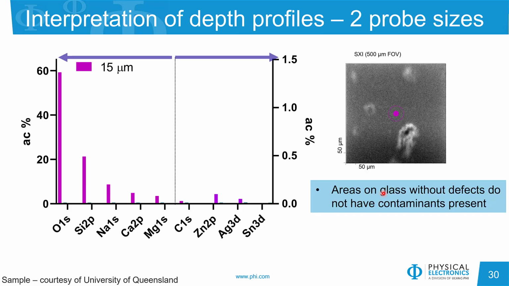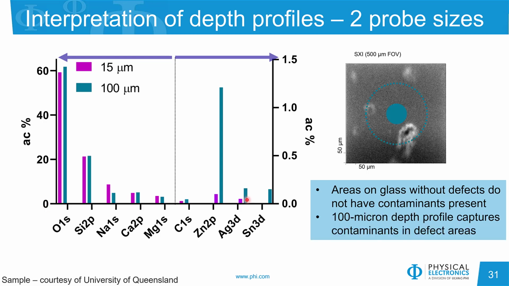So if we would use 15 micron spot for this analysis, then we would focus only on the part of the glass without defect. Then we would not even detect them. However, we are using 100 micron spot, which is effectively 300 micron analysis area. So in addition to the glass, we are also capturing information from those defects.